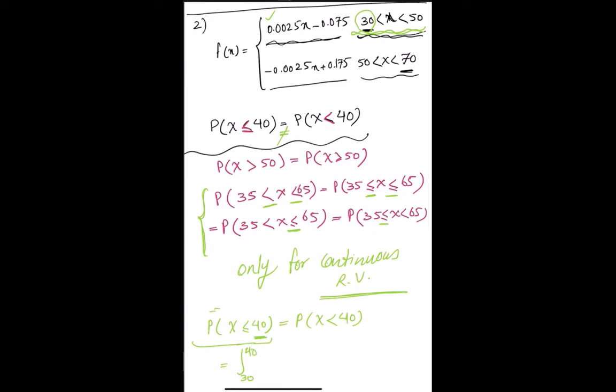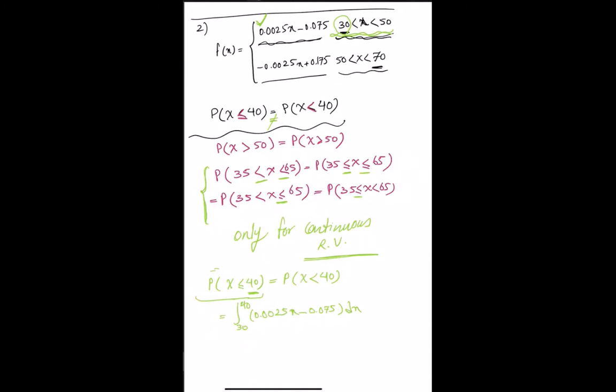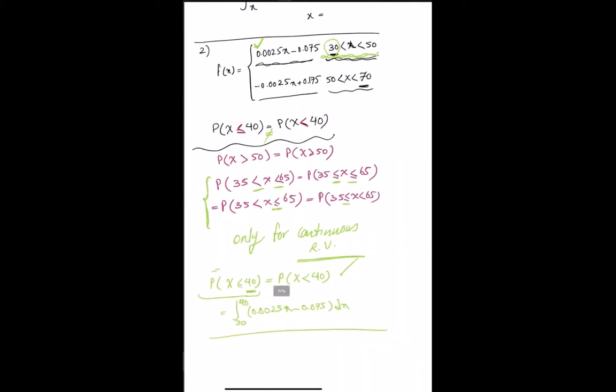F of x, which we just said is the top one, dx. And if we find this integral and put the values of 30 to 40, that will give us the value for this probability.